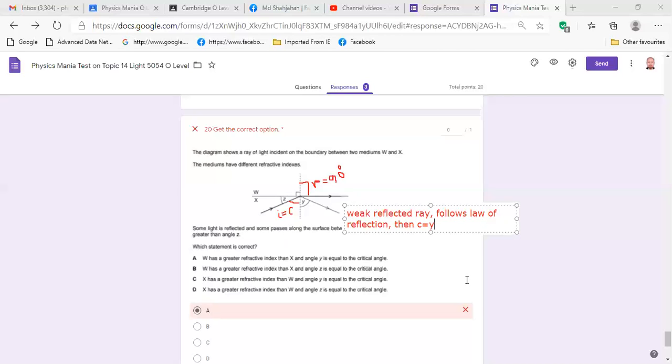What we know about the critical angle to happen is that the light should travel from denser to rarer medium. We write that: light should travel from denser to rarer medium.